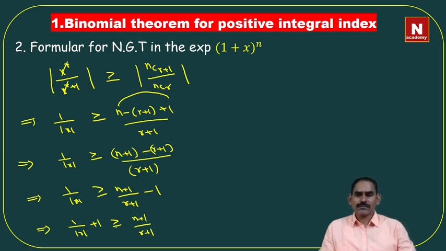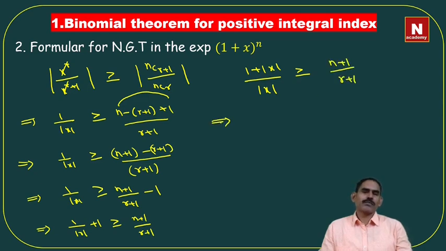This implies take modulus of x as LCM. That implies (1 plus modulus of x) by modulus of x is greater than or equal to (n plus 1) by (r plus 1). That implies r plus 1 is greater than or equal to (n plus 1) into modulus of x by (modulus of x plus 1).